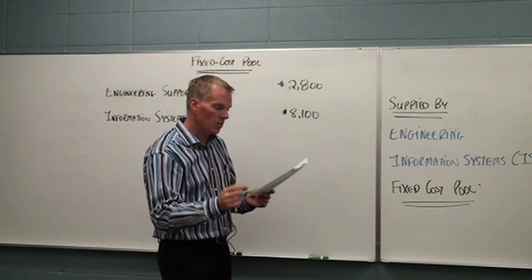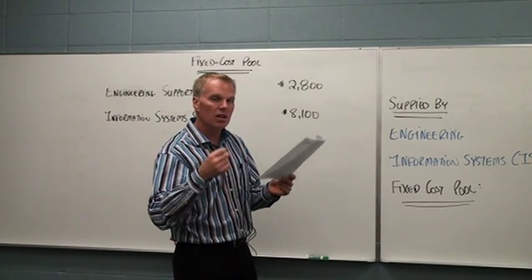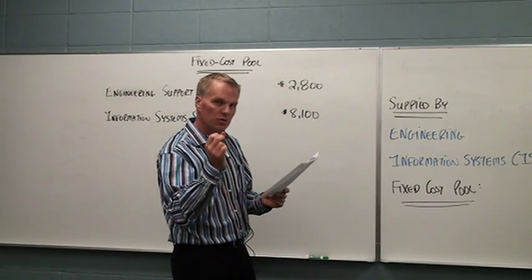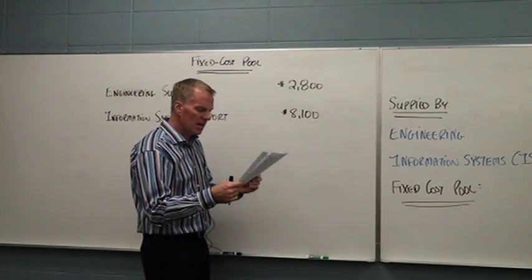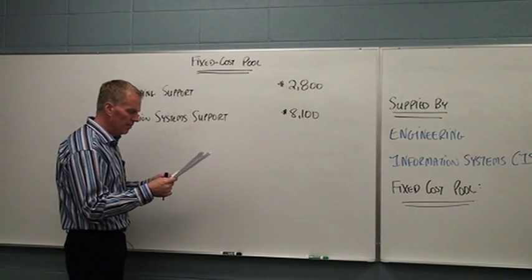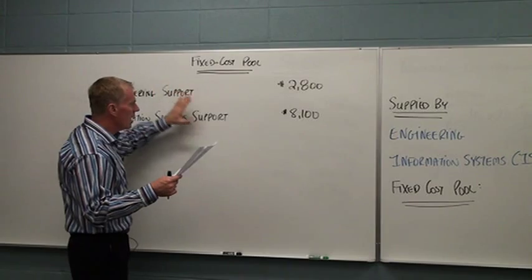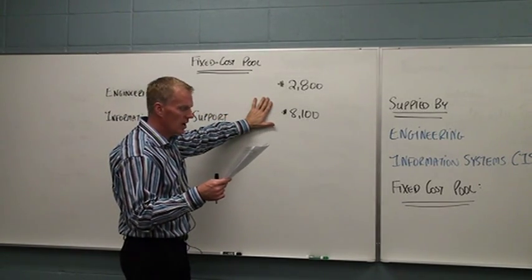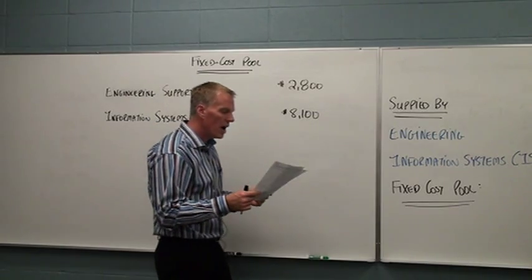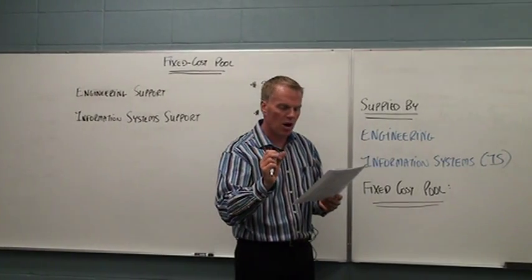So let's get started, and we're using the reciprocal method, the more accurate method, but again, the more complex method. And we're going to focus purely on the fixed cost. So our information tells us that our fixed cost pool has engineering support costs of $2,800 and information system support of $8,100. So when I go and solve this, that is my starting point.